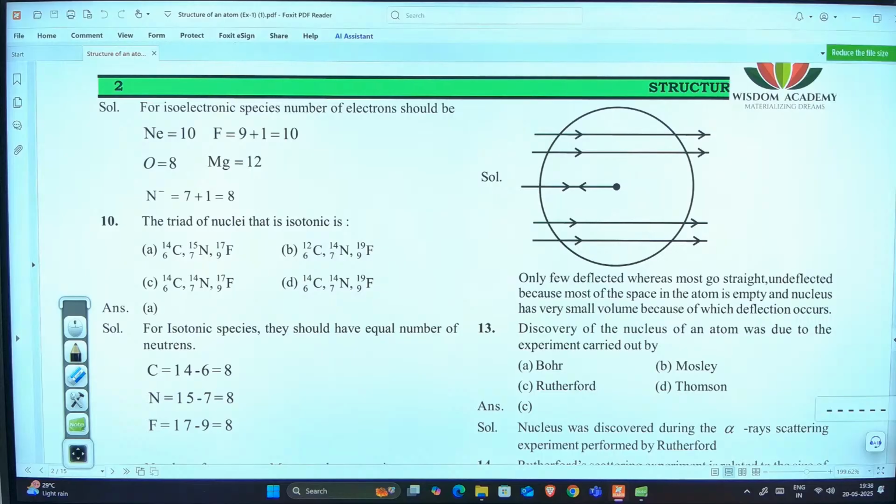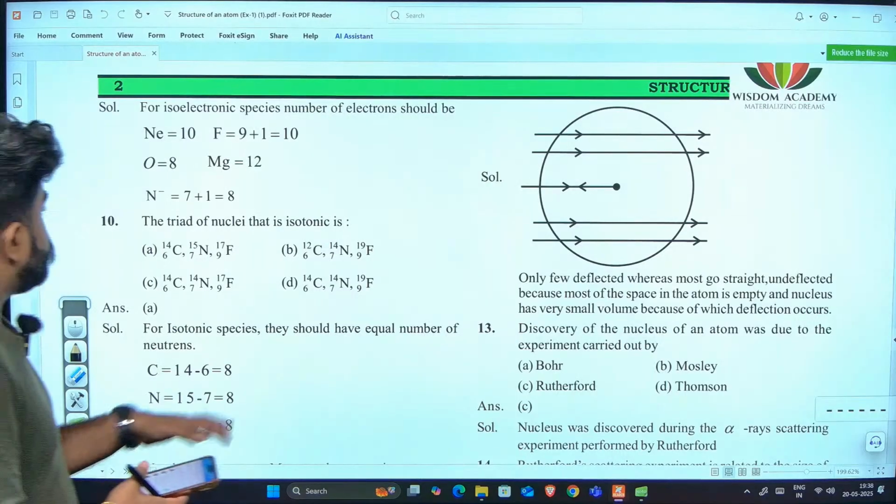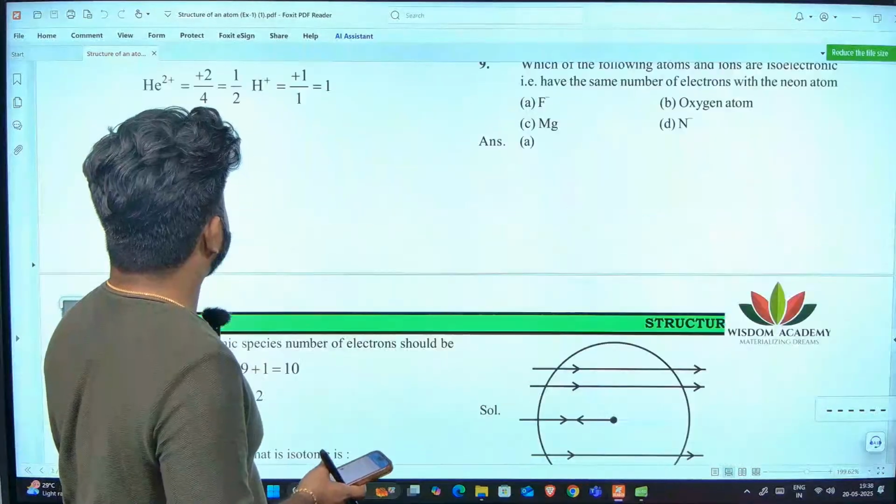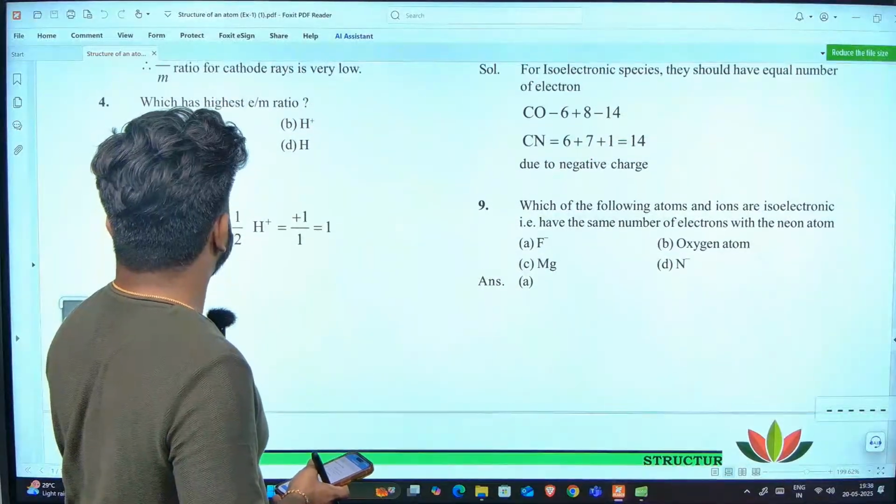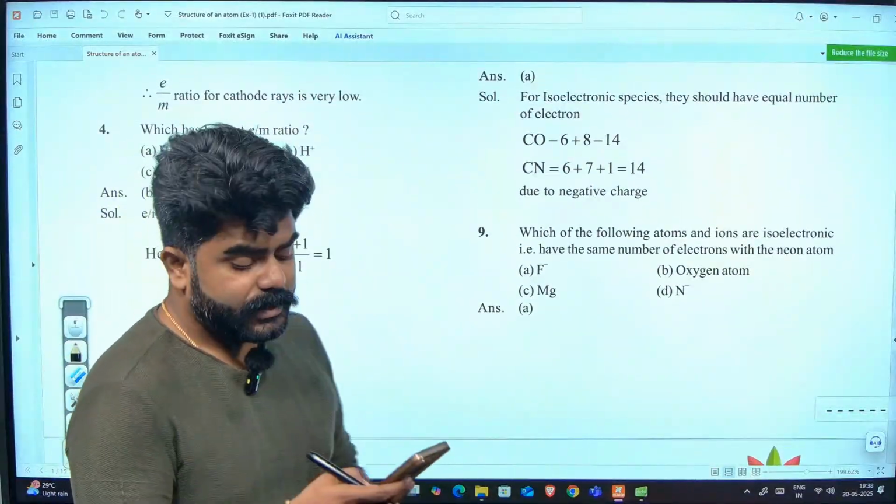Mohammed Arshad, NS Lohit, copy down 9th question. NS Lohit is there?